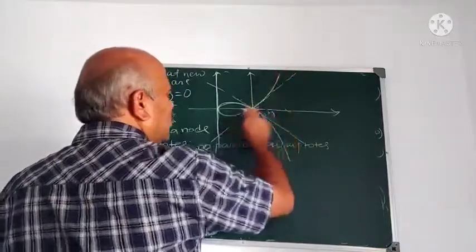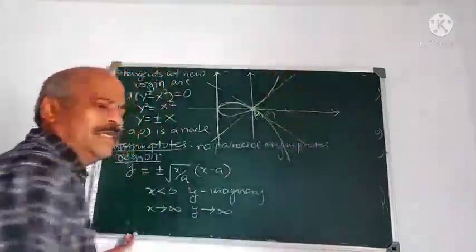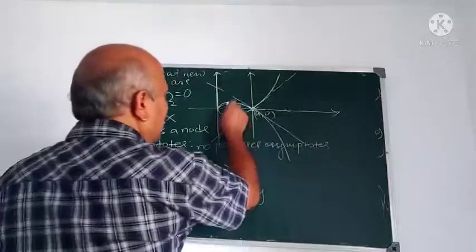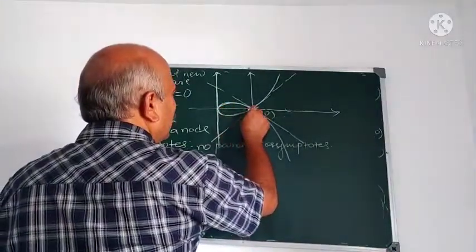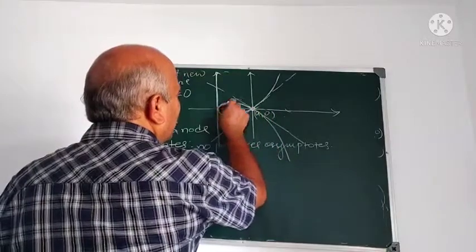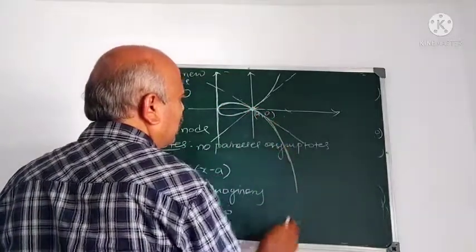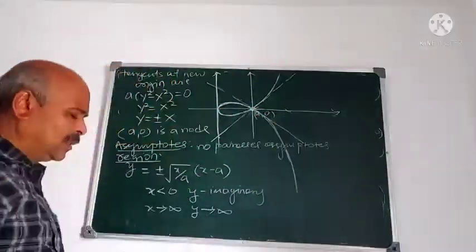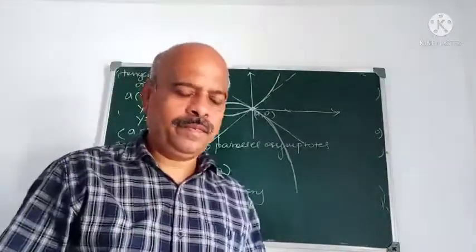When x tends to infinity, y also tends to infinity. Now it is symmetric, therefore this is one branch and this is the other branch. This is the shape of the curve.